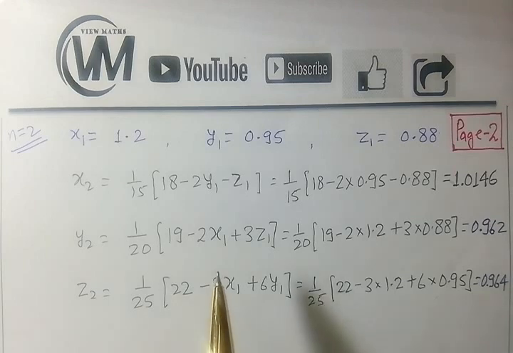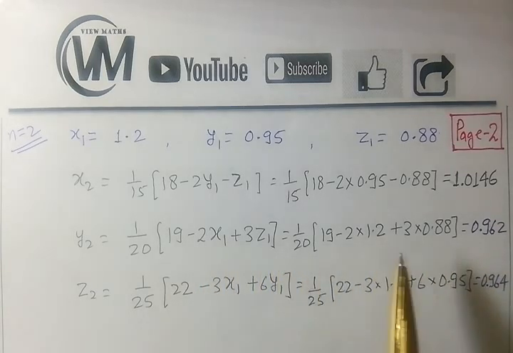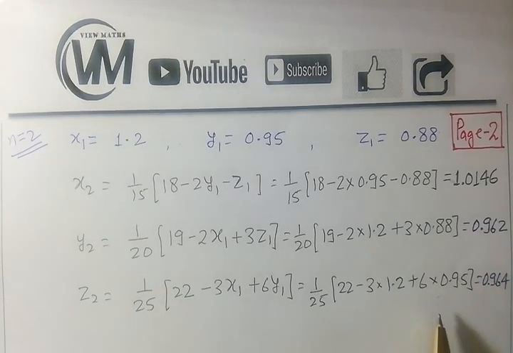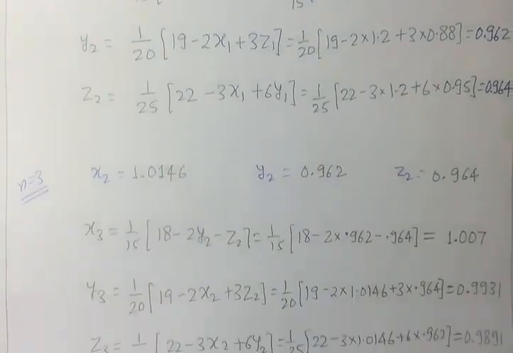Substituting the values of x1 and z1 and calculating, we get 0.962. Similarly, z2 is calculated in the same manner, substituting the values of x1 and y1, and the final answer for z2 is 0.964. Okay. Now moving to the third and final iteration.